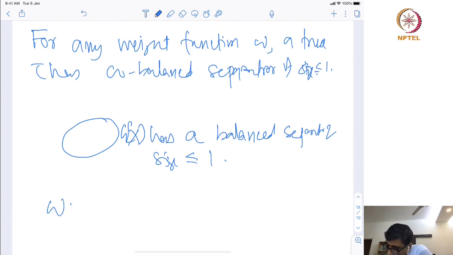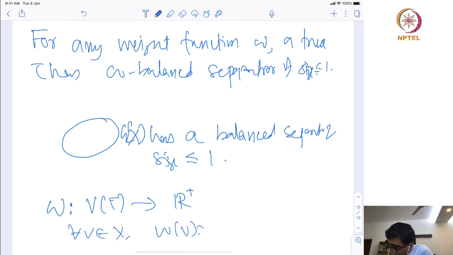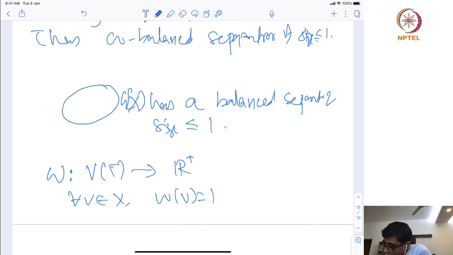We will take the following weight function: for v in X, weight of v is 1, and for v not in X, weight of v is 0, right?